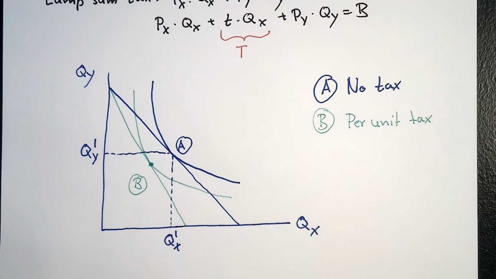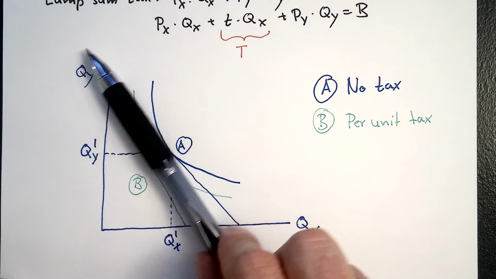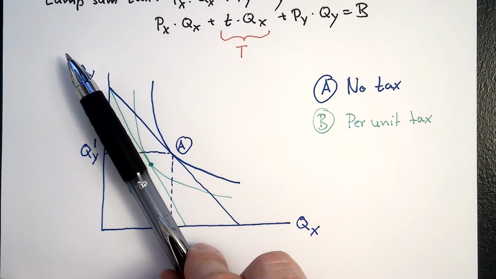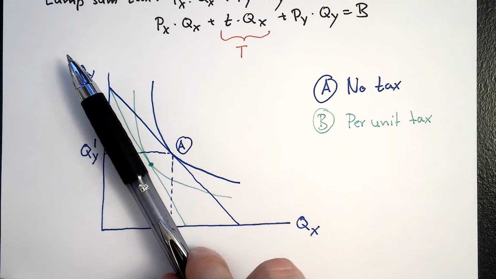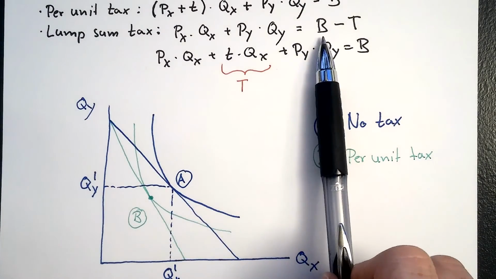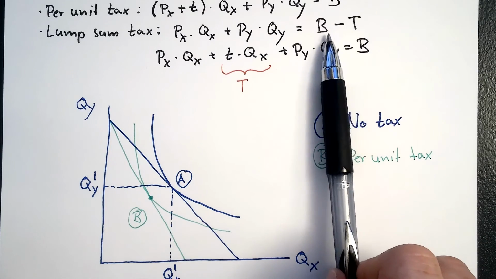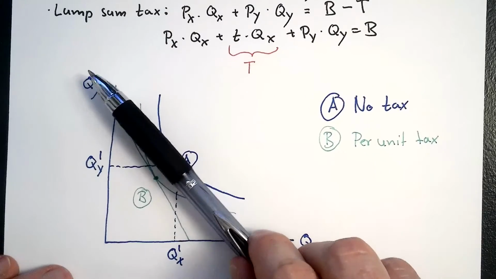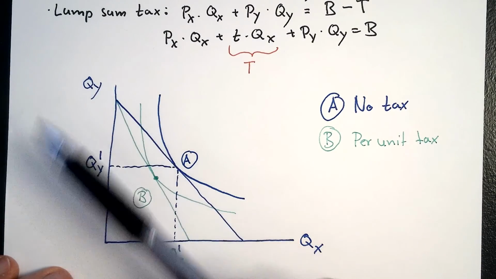Now note that the difference between the per unit tax and the lump sum tax is that the per unit tax is rotating the budget constraint. It's changing the slope of the budget constraint. Whereas the lump sum tax is going to be considered equivalent to a change in income. And if you remember, a change in income results in a parallel shift of the budget constraint.